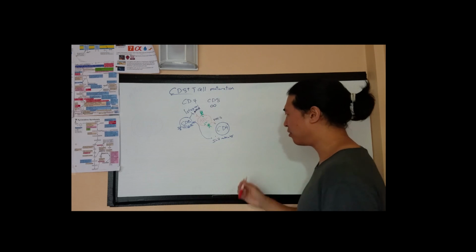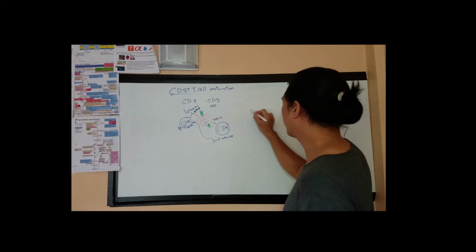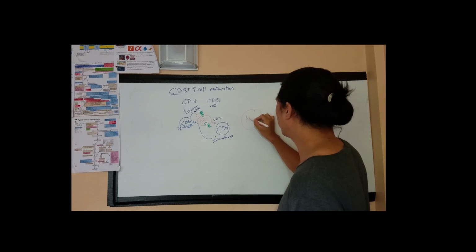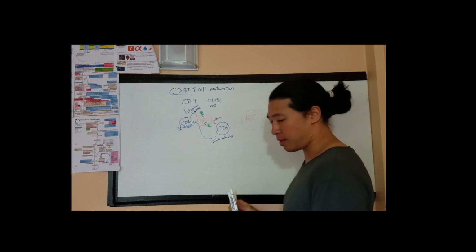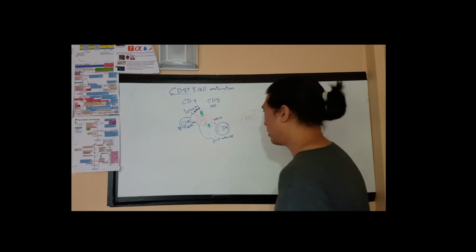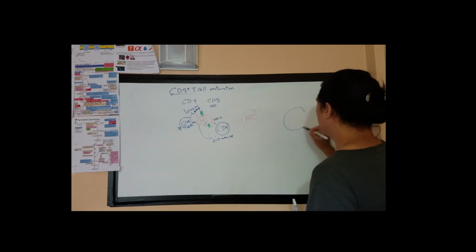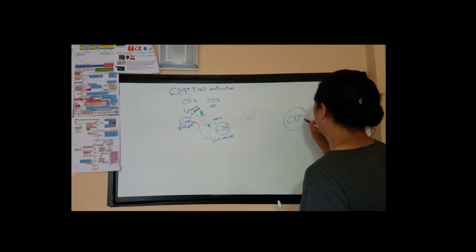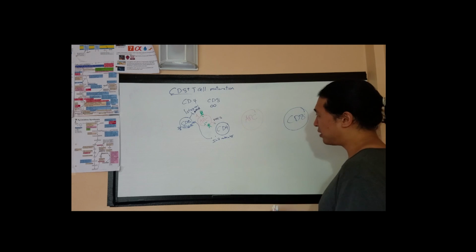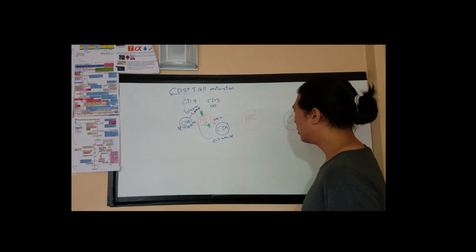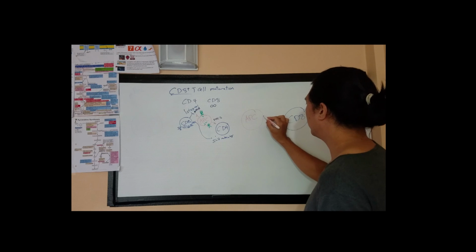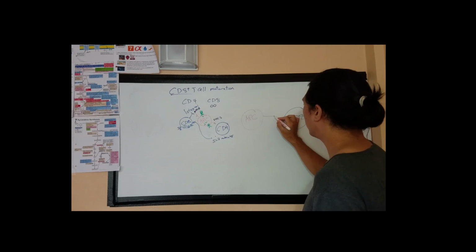So we have the APC over here. And we have our CD8. Now what's going to happen is that this lady over here, she's going to start to put out that signal. Okay.